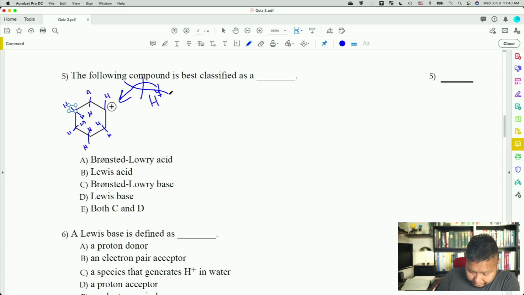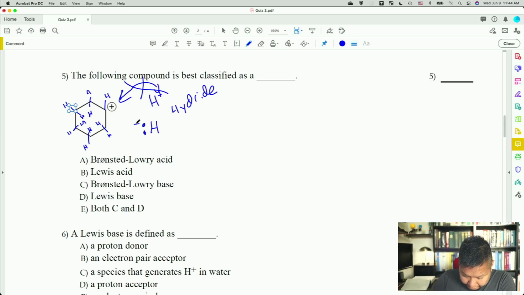So just as an example, because it could be anything with an extra lone pair, this is a hydride ion. All a hydride is, is a hydrogen that has an extra electron on it. So that's called a hydride.